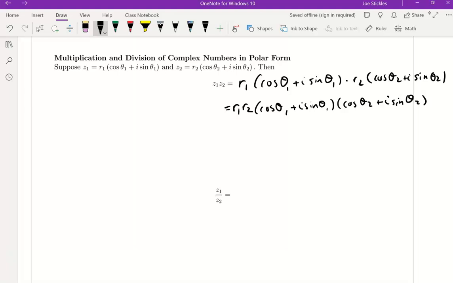If we multiply that out, you'll have cosine of theta 1, cosine of theta 2, when I multiply the first pieces together. Now, if I'm thinking about FOIL, I have to do an outer and an inner. But let's multiply this and this together. What do you get when you multiply those two together?